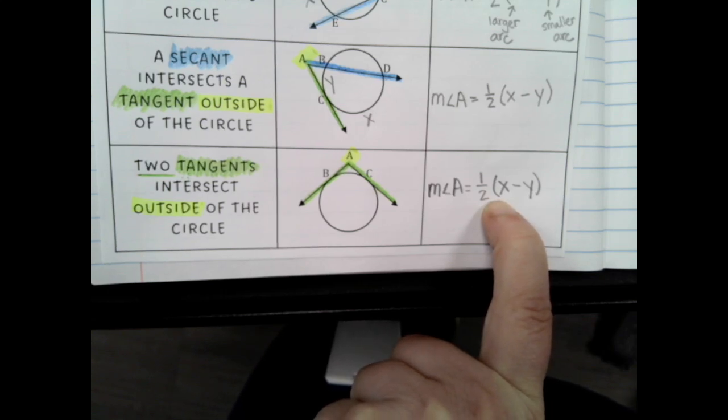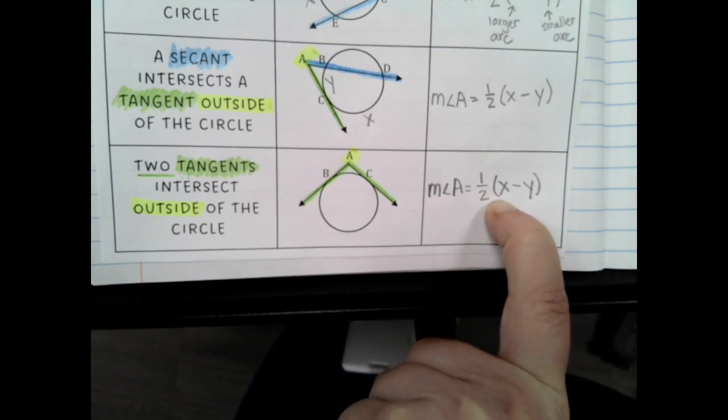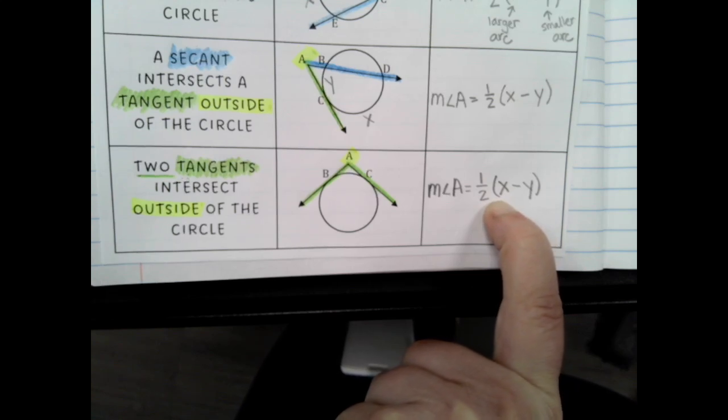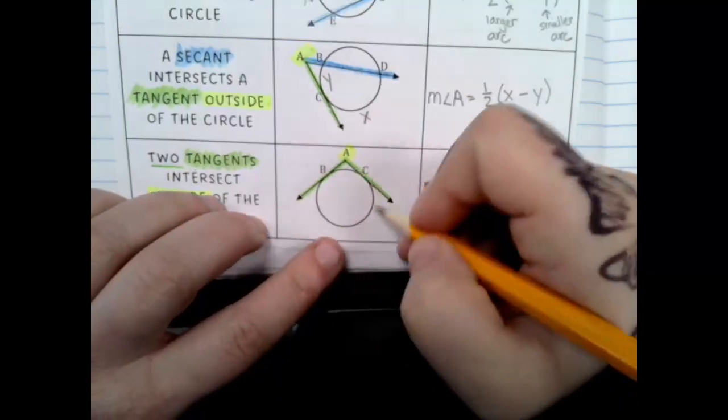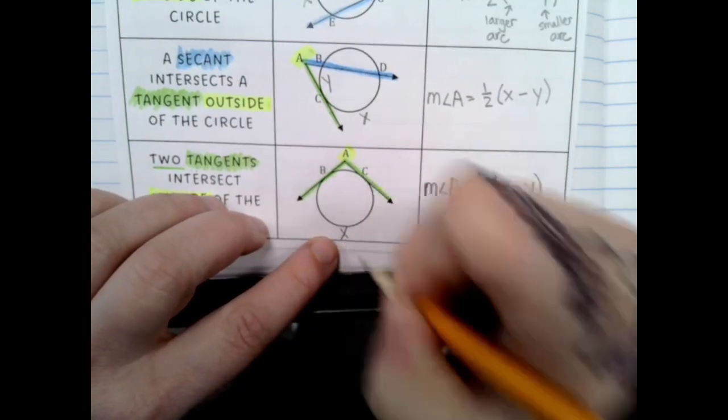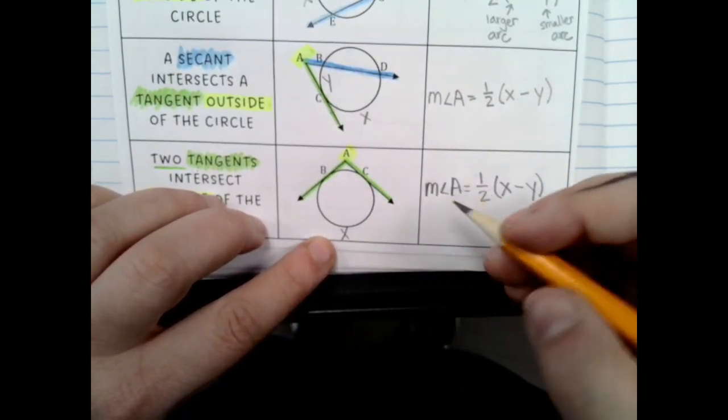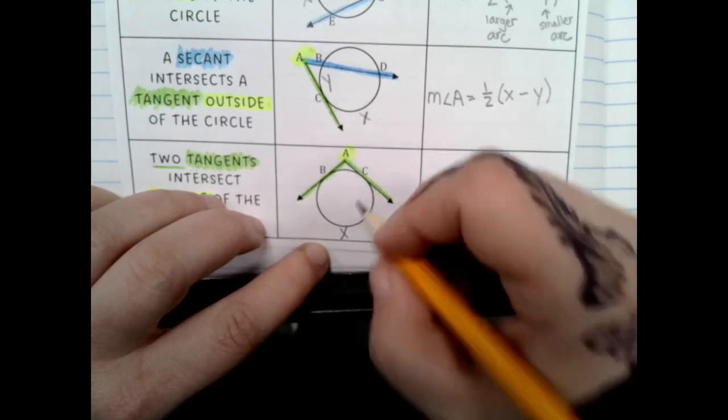Are we going to go the long way around or the short way? For the larger one? The long way. We're going to do major arc. So B to C, this is going to be our x here. And then our minor arc would be the B to C here.